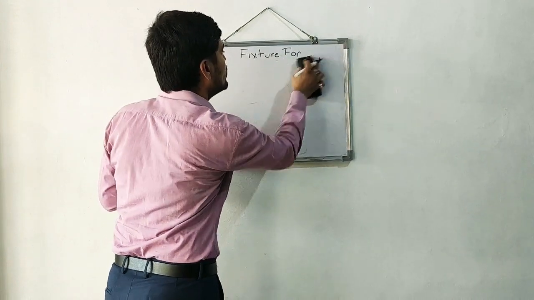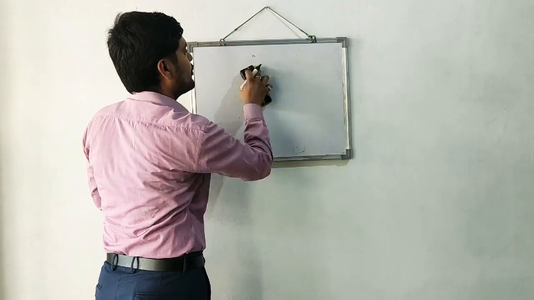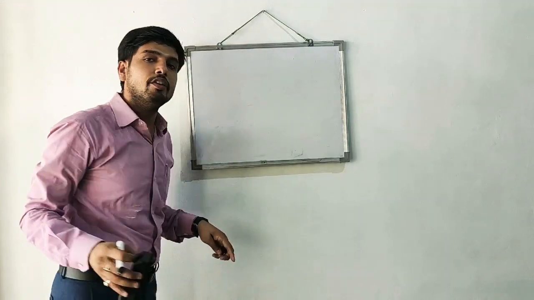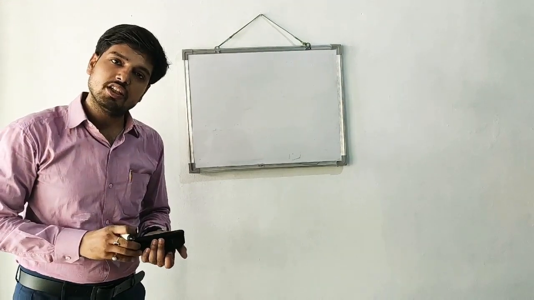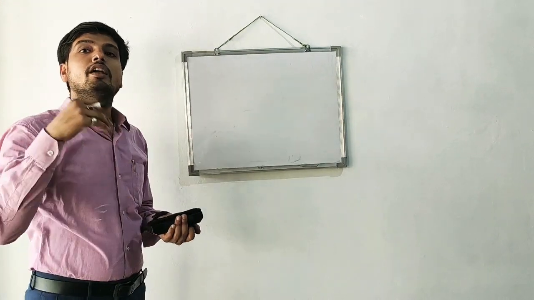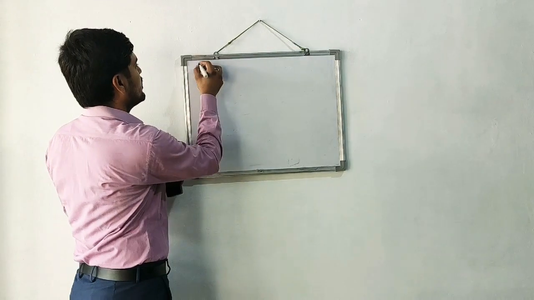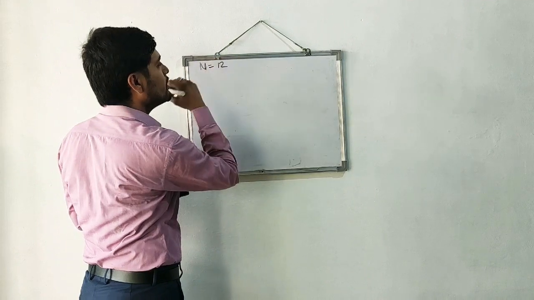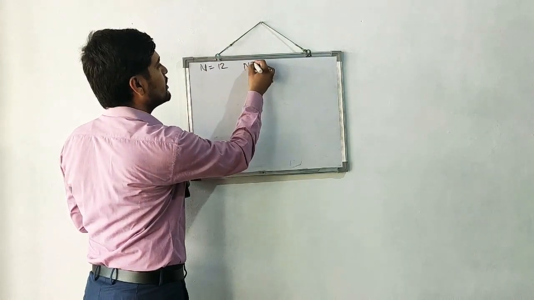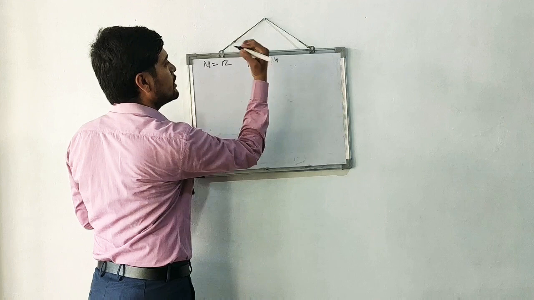So here also, students, first we will draw a knockout fixture, then the top 4 teams. Here n is 12, so the number of byes will be 4.